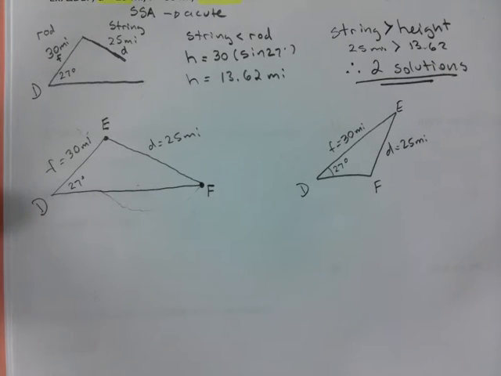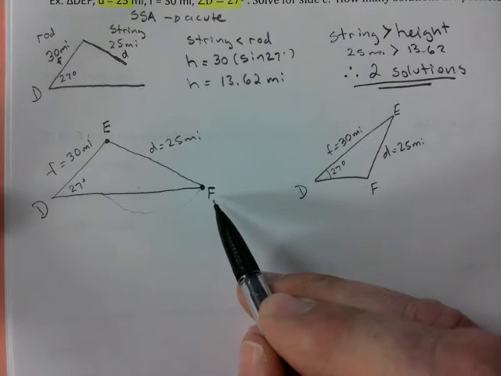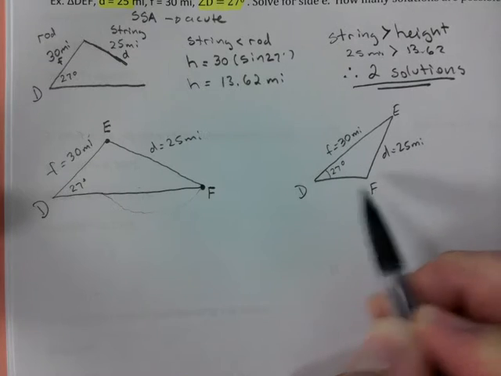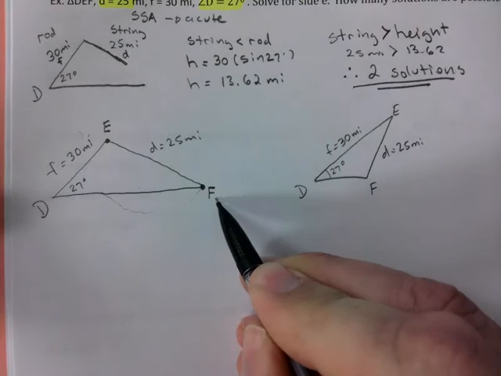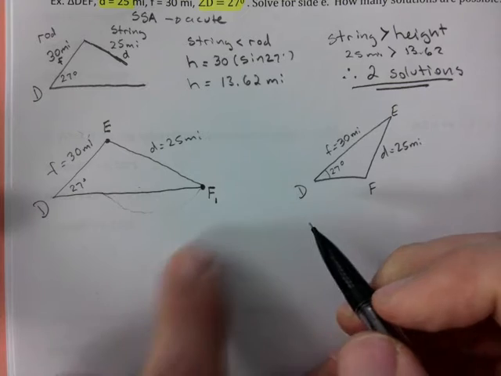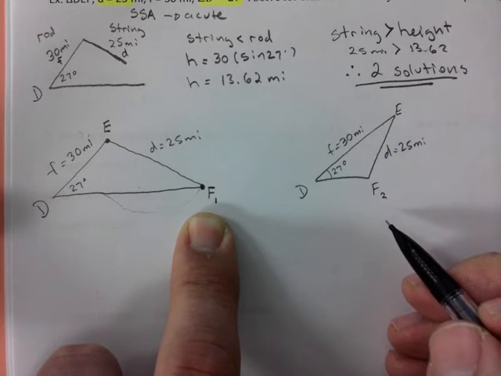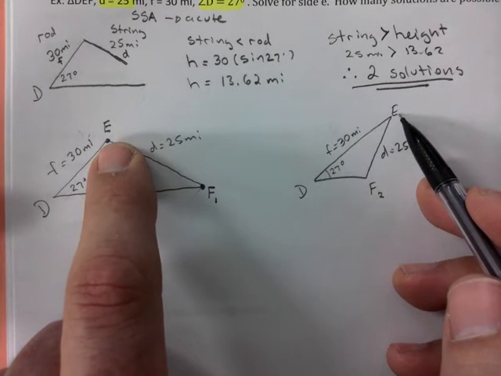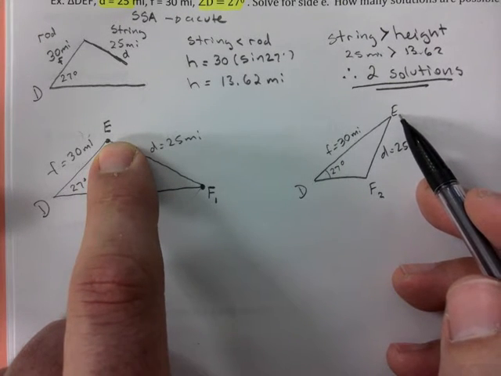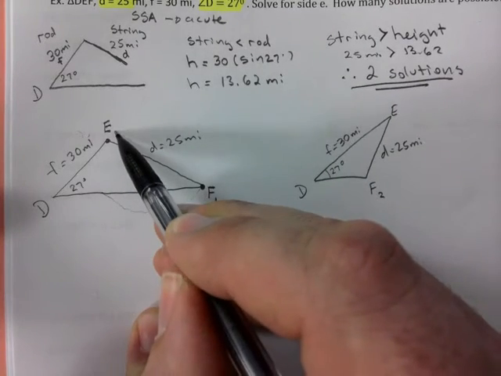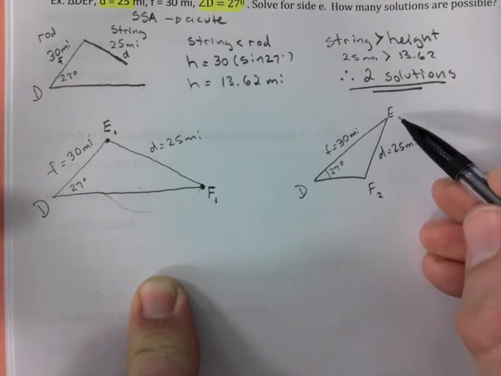And we need to distinguish, right? This angle here is not the same as that one there. So we go F sub 1, F sub 2. What about the angle up top, E? They will also not be the same. So I've got to go E sub 1, E sub 2.